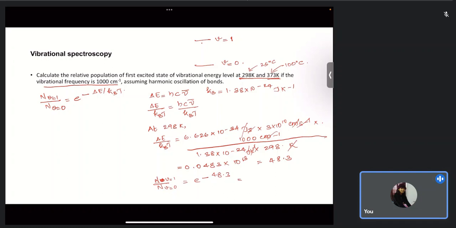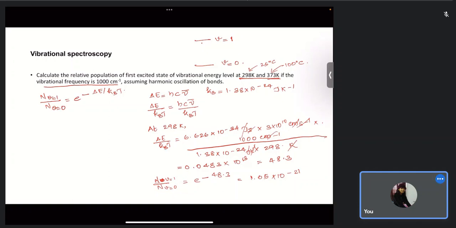If you do the calculation, I'm getting something like 1.05 into 10 to the power minus 21, but there is again some error with the power calculation.